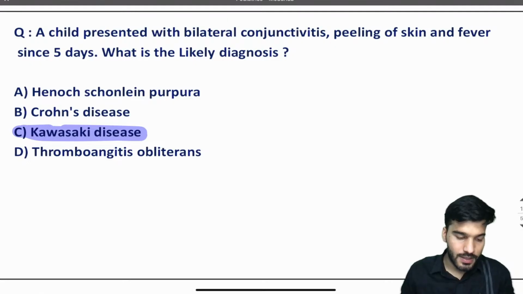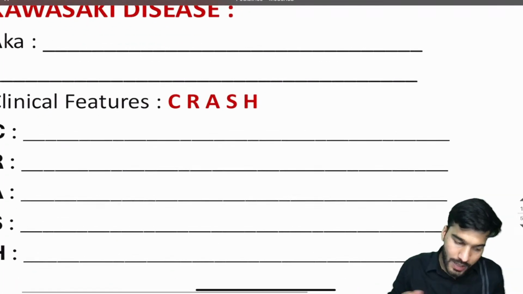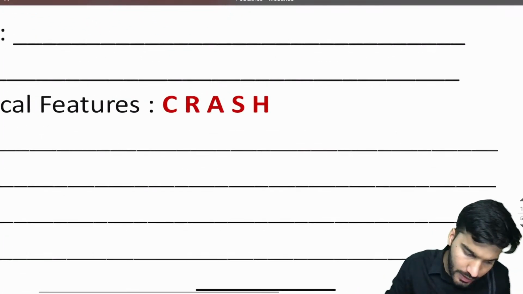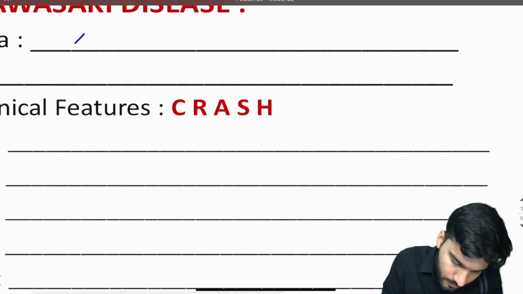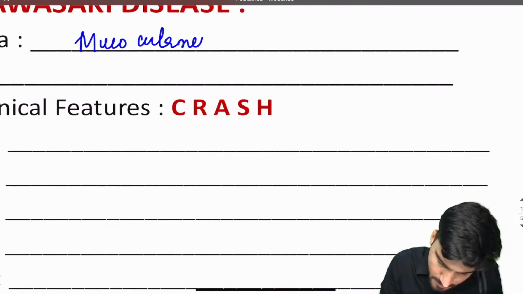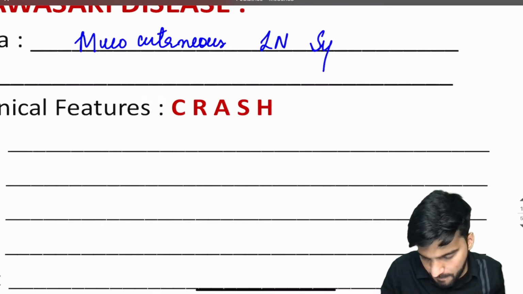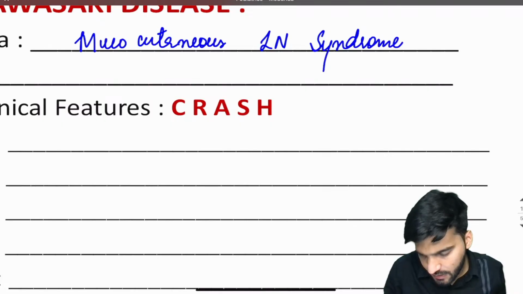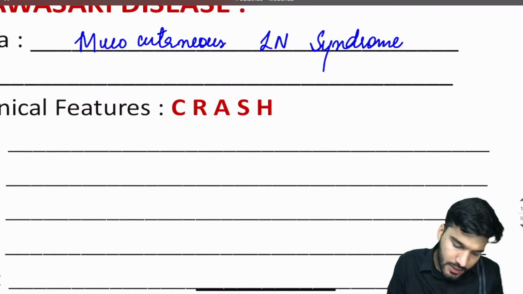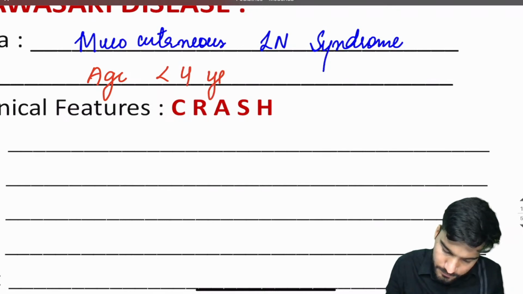So let's discuss what exactly Kawasaki disease is. It's also known as mucocutaneous lymph node syndrome, and it usually affects the age group less than 4 years.